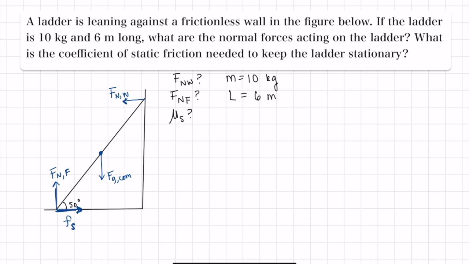I will say right off the bat, it's going to be easiest for us to put that pivot point at either the wall or where the ladder is touching the floor, because that'll either way eliminate one of the forces that we don't know. Probably going to end up putting it at the floor since there's also an unknown in the friction there, and if we put the pivot point at the bottom, then the torque from both of those forces will be 0.